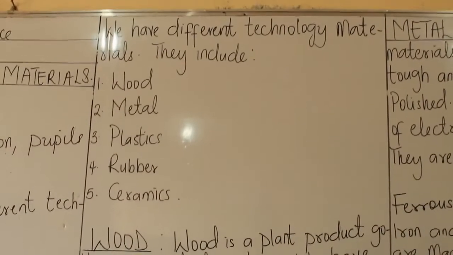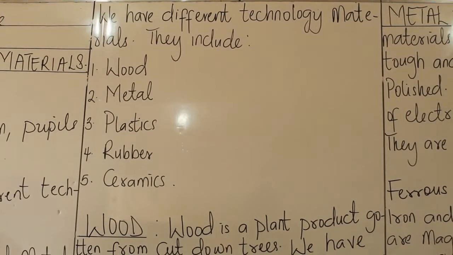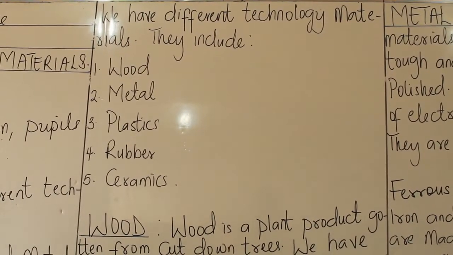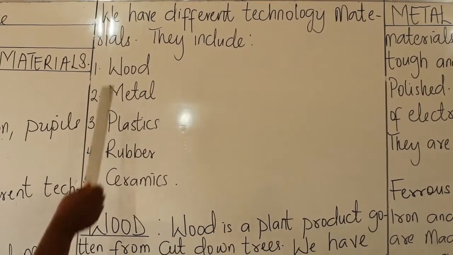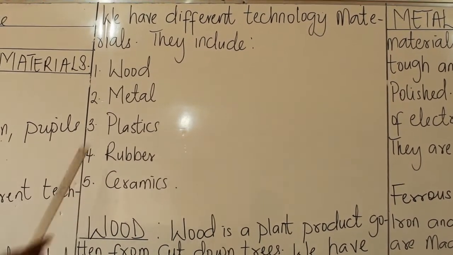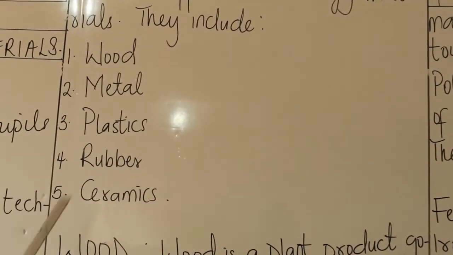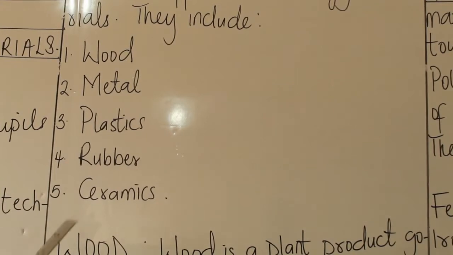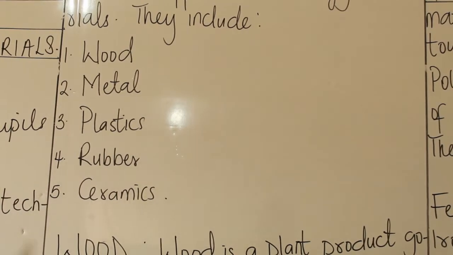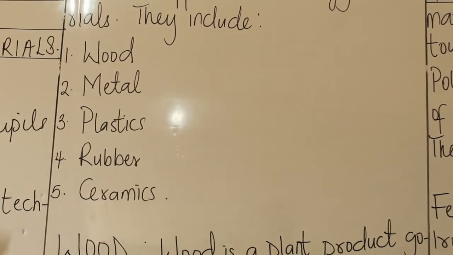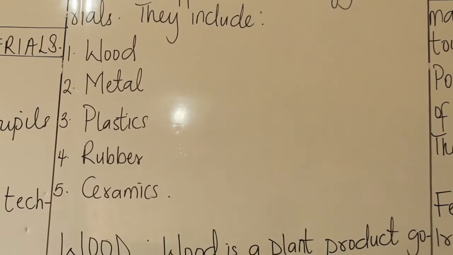We have different technology materials, different things we use to produce things around us. They are wood, metal, plastics, rubber, and ceramics.